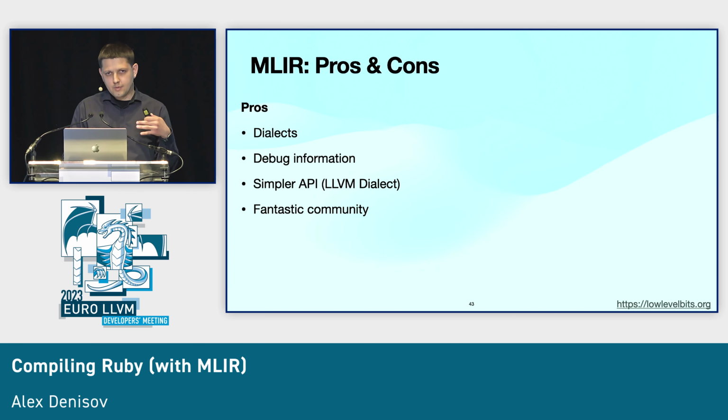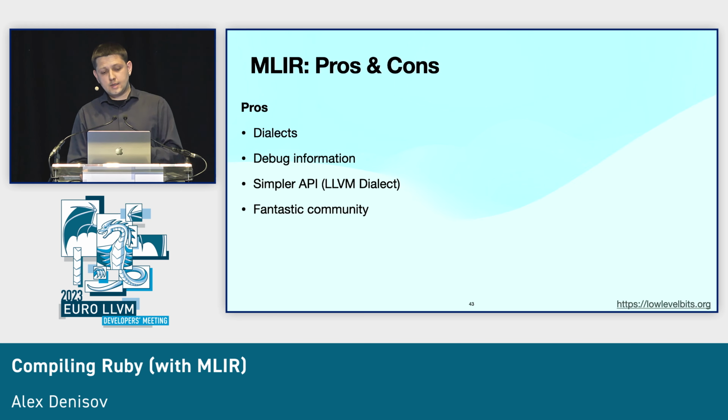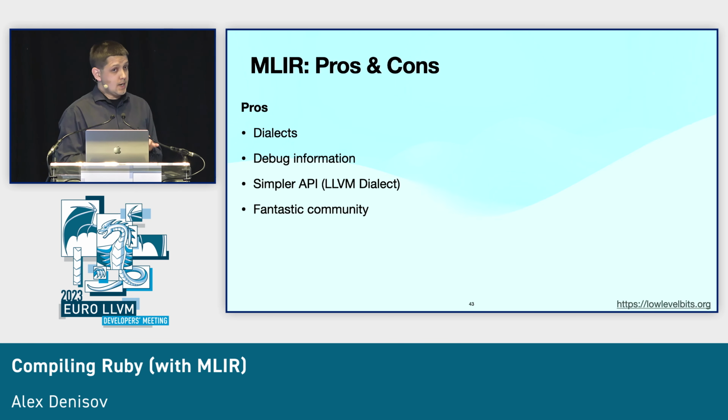Some APIs on LLVM are simpler with the LLVM dialect, and it's much more pleasant to work with than the LLVM IR APIs directly. And it has a fantastic community. Whenever I have some question, I just ask it on Discord. There is almost always an immediate answer from someone.